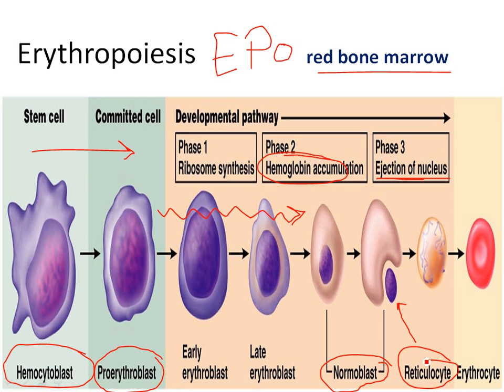The reticulocyte gets released from the red bone marrow into the blood supply, and it eventually finishes its development and becomes the erythrocyte. So once again, you will be asked questions about this process in your near future. You want to make sure you have a solid understanding of this change from hemocytoblast to erythrocyte, what the important names and steps were along the way, and the changes that the cell is going through.